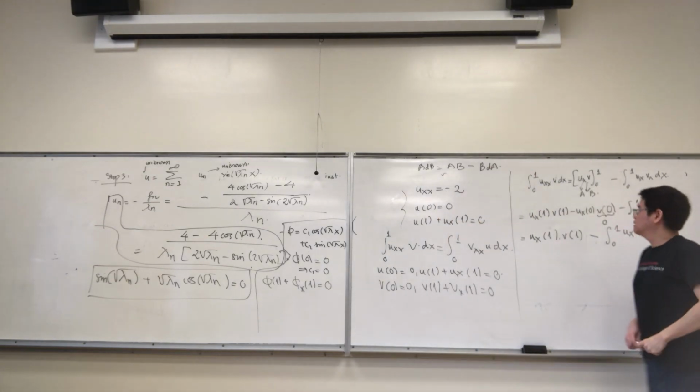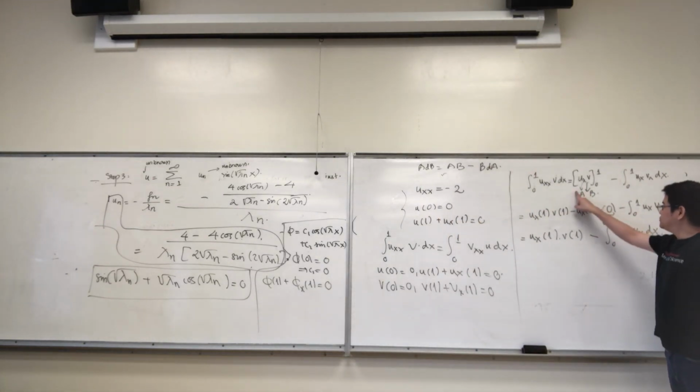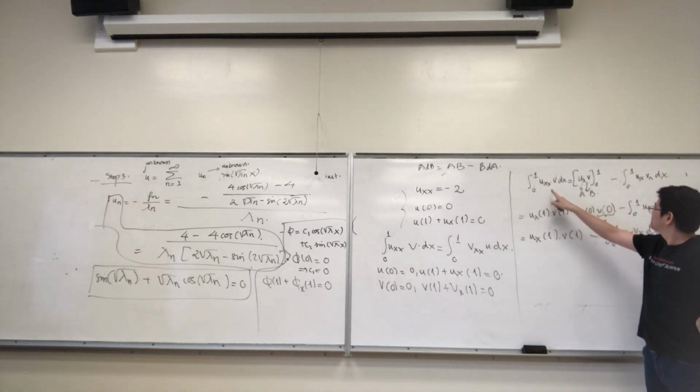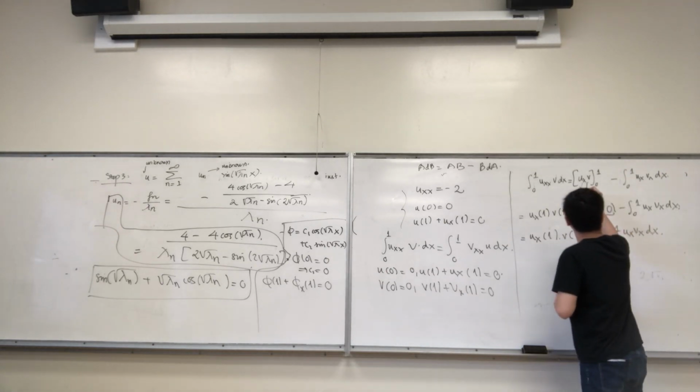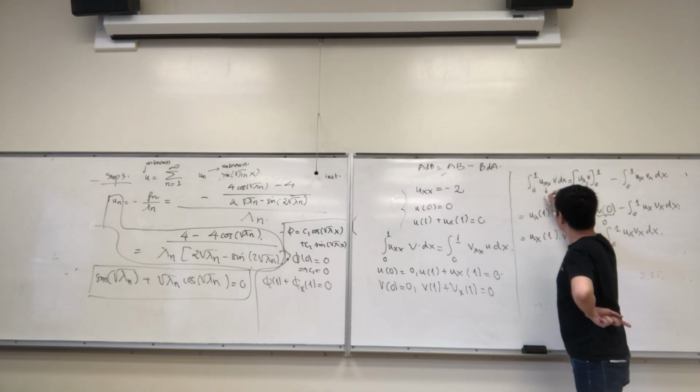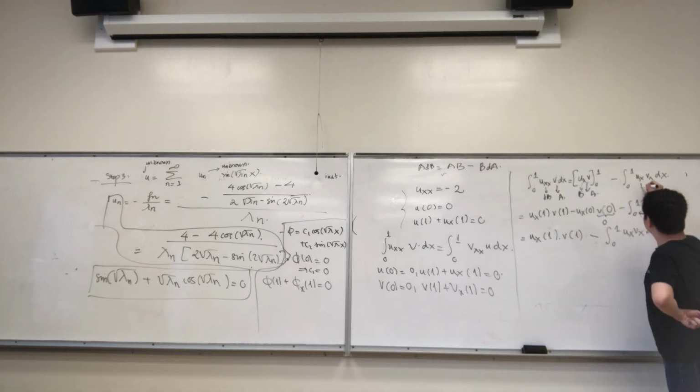All right. So in this case, a is u_x and b is v. So here you have db, and here you have a. Here you have b, and here you have da.